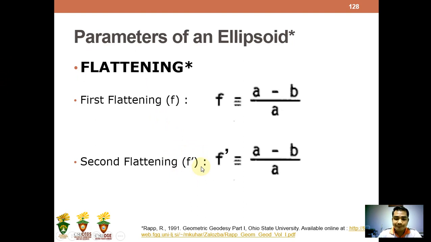It is the same as the first flattening, A minus B over A, but the only difference is that the denominator is changed to B. To memorize it easily, the first flattening is A minus B over A. For the second flattening, just replace the denominator with the semi-minor axis, B. So again, the second flattening is equal to A minus B over B.